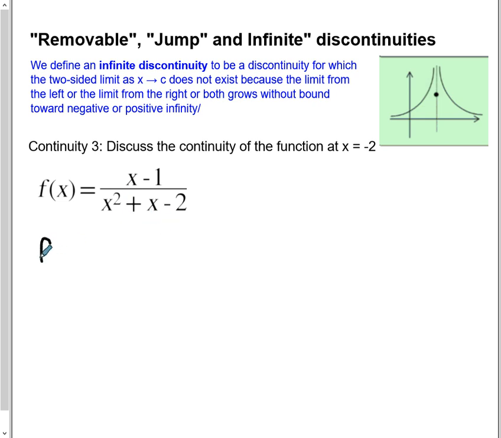If we rewrite this function before we even begin, we can see that the function could be rewritten as x minus 1 divided by x plus 2 and x minus 1.